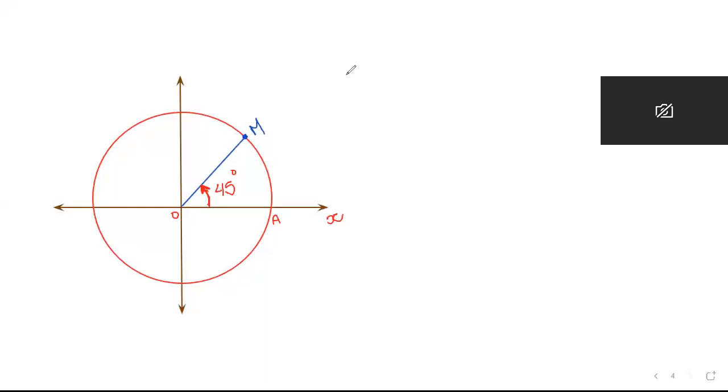Okay, we see that for point M, we can locate that, and X and Y, but what are the x and y for this 45 angle? This is one of the right triangles that we talked about last session. And we said that it's worth memorizing and learning how to derive the ratios of 45 degrees.